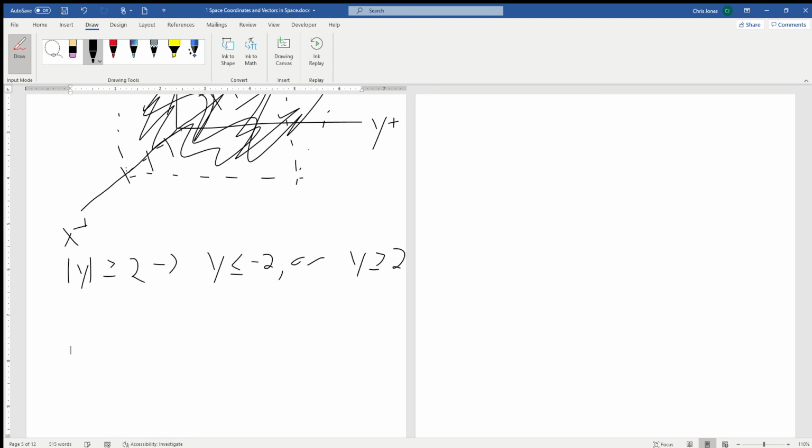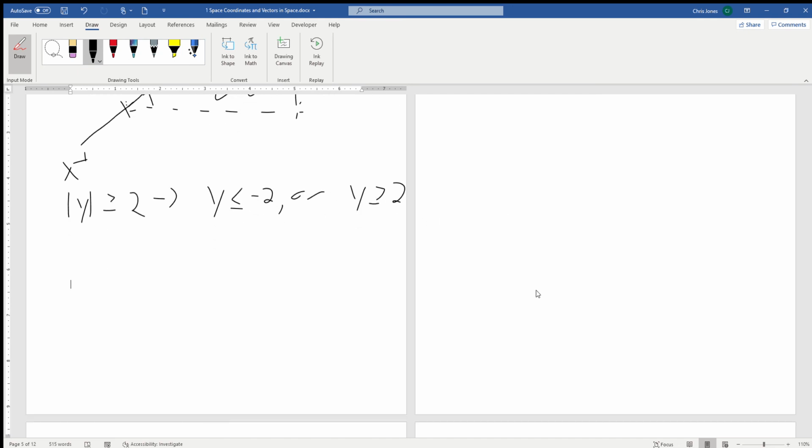And if you don't believe me, plug in some numbers that are less than or equal to -2 and see if it makes the inequality valid. Okay, that might be the best way to do it if you don't remember those rules from pre-calculus, is to just pick a few test values and see if those test values work or don't.